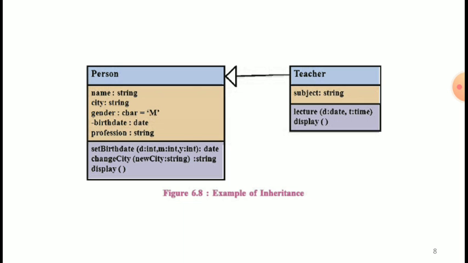Okay, so inheritance refers to the capability of defining a new class of objects that inherits the characteristics of another existing class. In object oriented terminology, the new class is called a subclass or child class or derived class, whereas the existing class is called a superclass or parent class or base class.